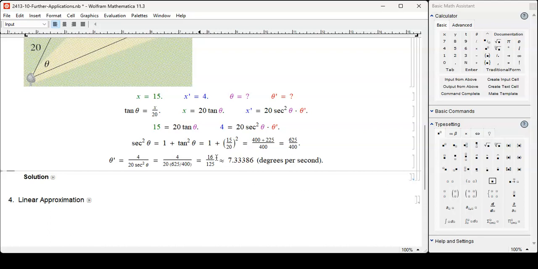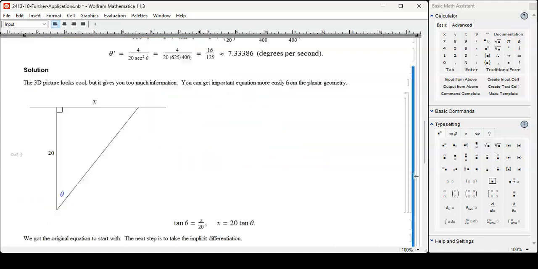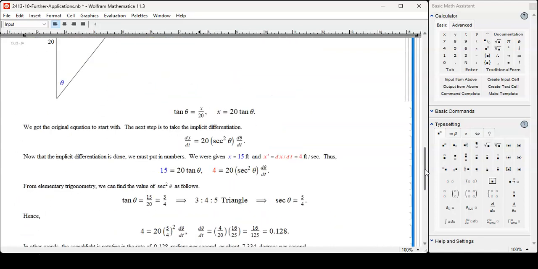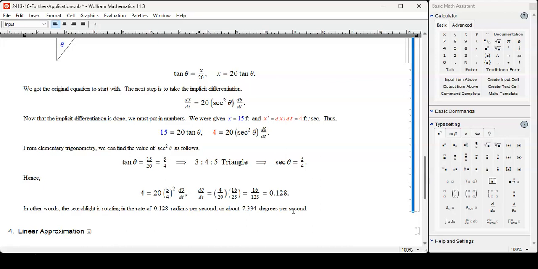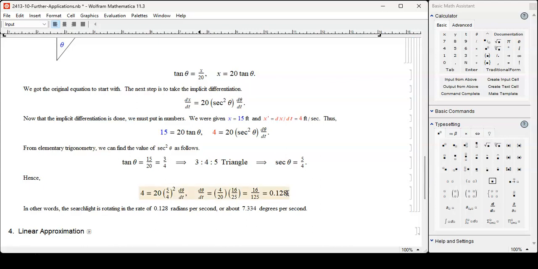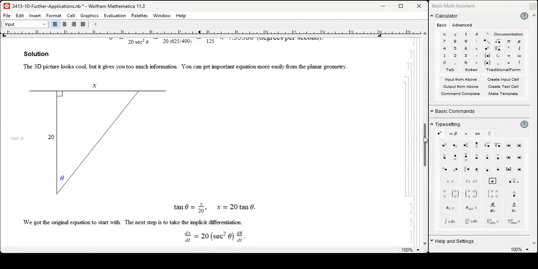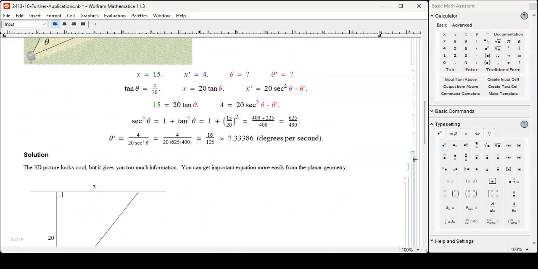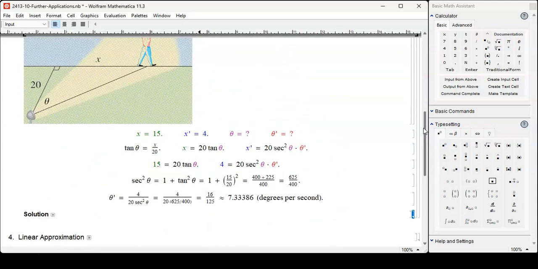Or you can answer, of course, 16 over 125, or the decimal expression of it, in radians per second. 16 over 125, 0.128 radians per second, or 7.334 degrees per second. Yeah, the same computation as we did.